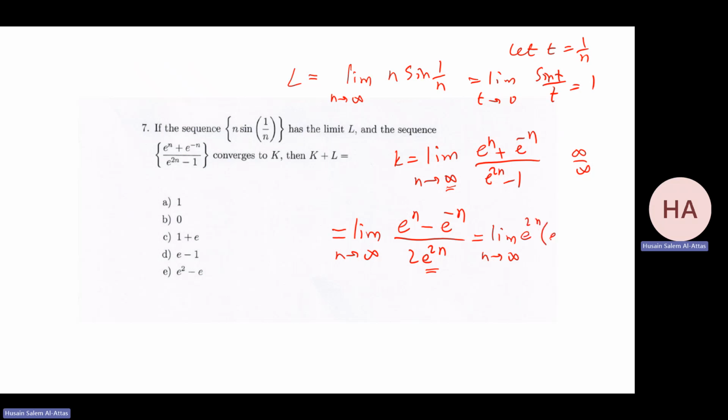You have e to the minus n here, minus e to the minus 3n, over 2e to the power 2n. This is cancelled. So the limit as n goes to infinity will be 0 minus 0 over 2, which is 0. So this is k. So k is 0 and L is 1, so the answer is 1 for k plus L.